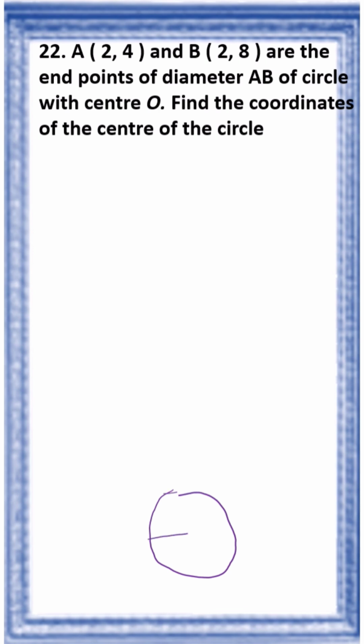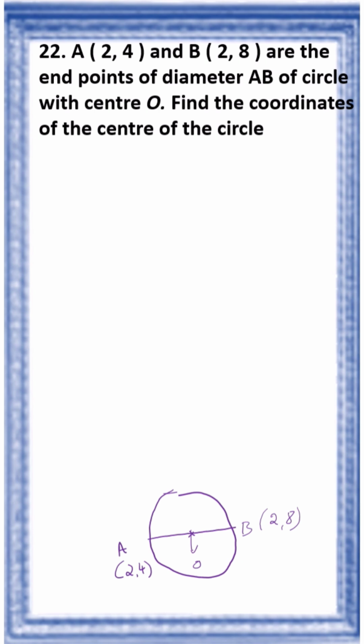This is the diameter which passes through the center. This is A, A is (2, 4). This is B, B is (2, 8). We have to find the coordinates of the point O, which is the midpoint of AB.